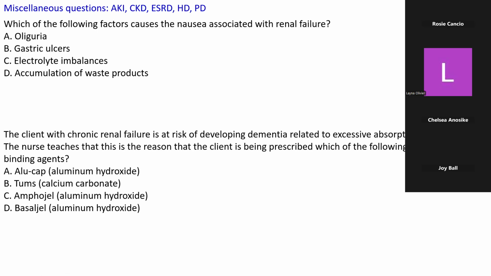The client with chronic renal failure is at risk for developing dementia related to excessive absorption of aluminum. The nurse teaches that this is the reason the client is being prescribed which of the following phosphate binding agents?